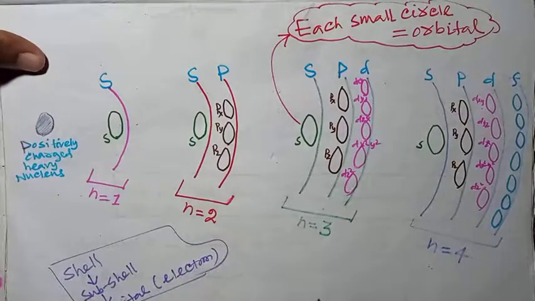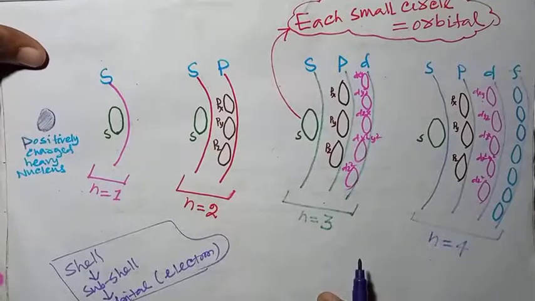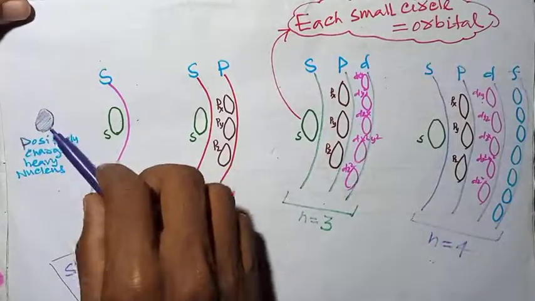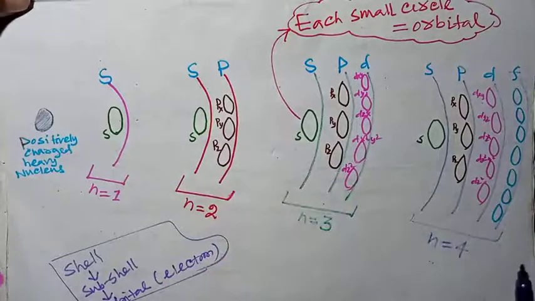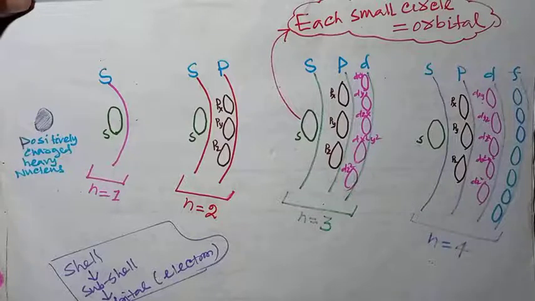So this is the structure of an atom. At the middle there is a positively charged heavy nucleus, which is surrounded by different types of shells. Each shell contains subshells and each subshell contains some orbitals, and inside orbitals electrons are present.